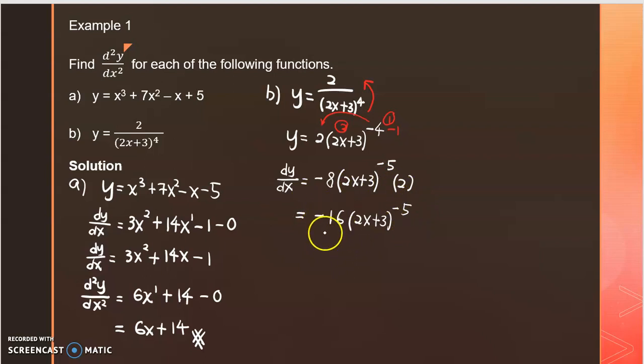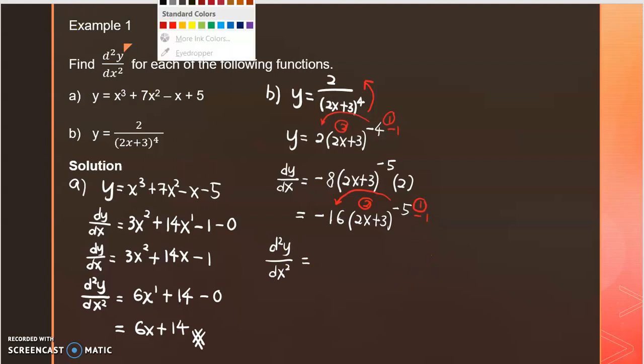Next, I will continue with the second derivative. So second derivative of y with respect to x will be equal to, again, here first I will differentiate the index. Second, I will differentiate the bracket. In our first step, I will bring the index negative 5 up front, again reduced by 1.